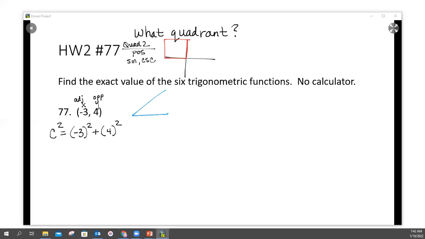Let me rotate that. If it's in quadrant 2, it's going to face like this. I'm putting the negative there, but when we're talking about a distance, we do ignore the negative. But go ahead and use the Pythagorean theorem to find C.